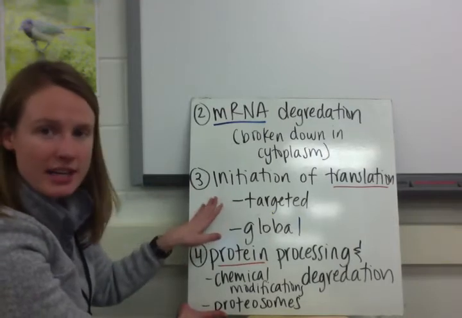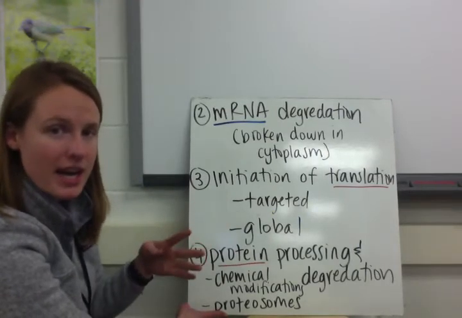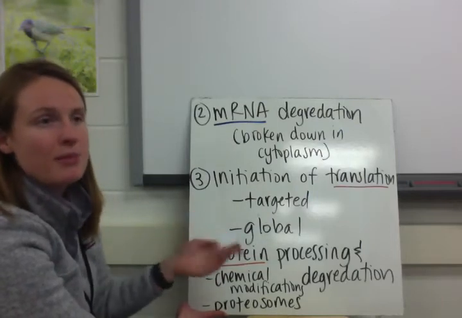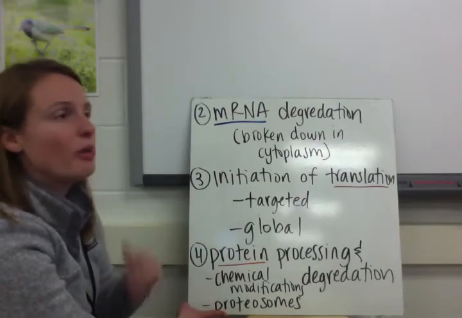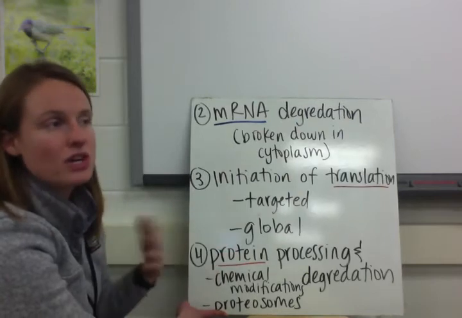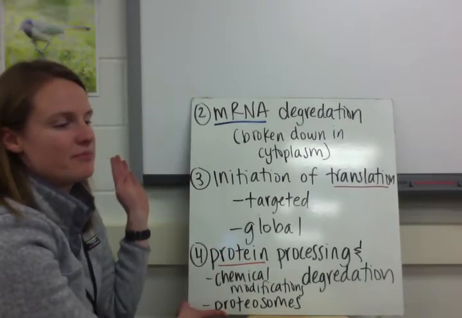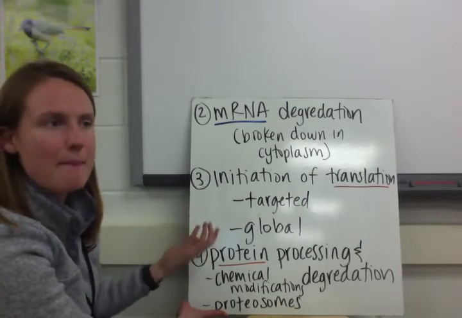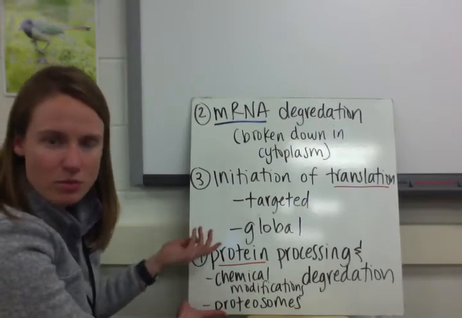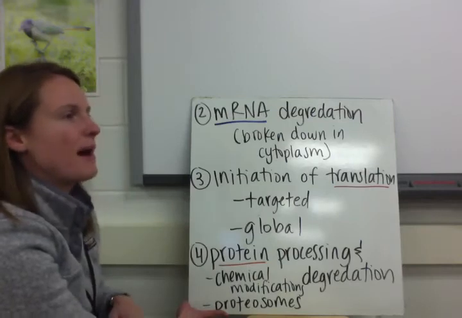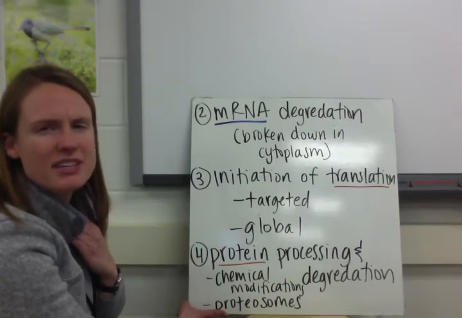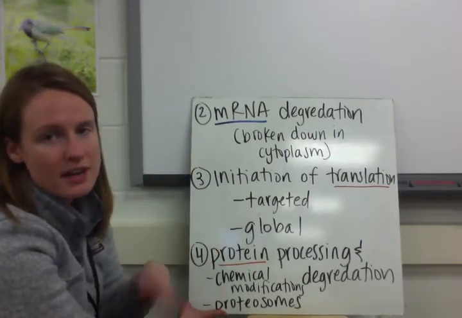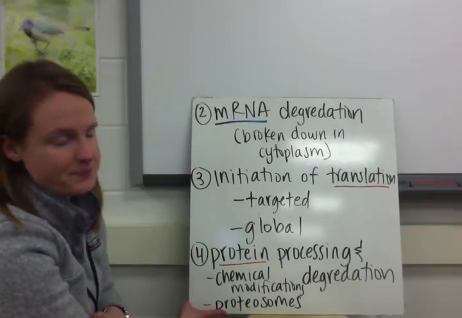It can either be targeted to one specific mRNA sequence, and so one specific protein, or it can be global, meaning all across the cell, all protein synthesis, all translation is scaled back or cut down. That would be by controlling the amount of ribosomes that are present, or the amount of tRNA that are present, or other ways of messing with the tools that are needed for translation.